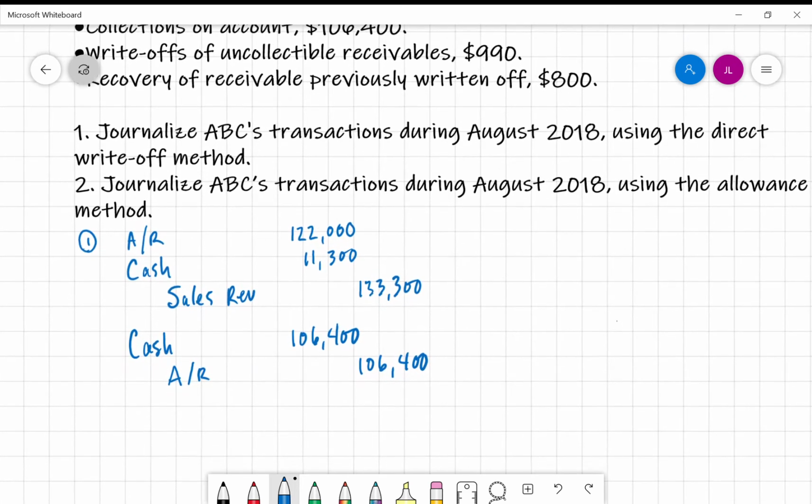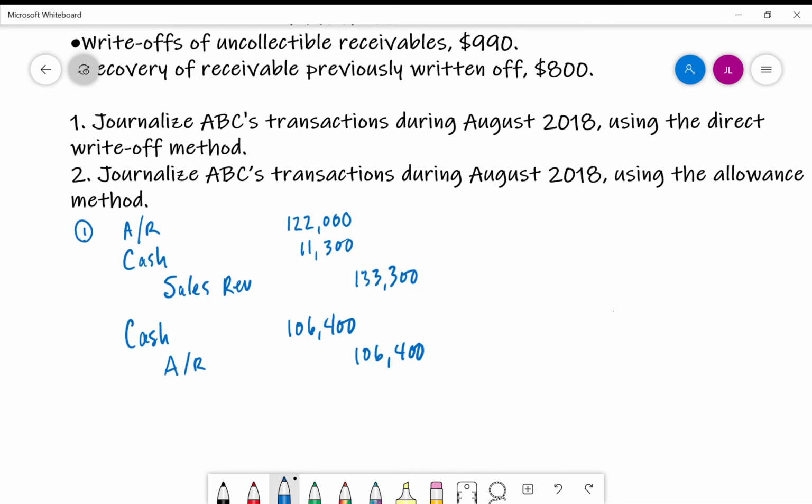Now, the next thing we have is the write-off of uncollectible receivables. When we're using direct write-off, all we have to do is debit bad debt expense for the amount, which is $990, and credit accounts receivable for the same $990.